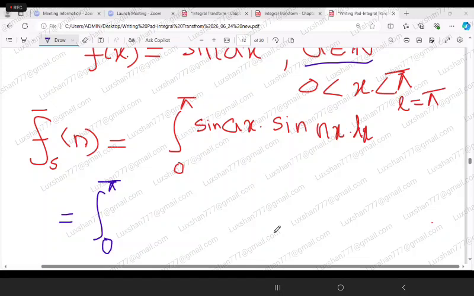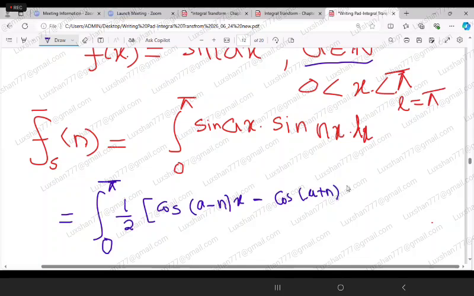Yeah, 2 sine a into sine b form. So using the trigonometric identity, how can we write this one? You can write this as half times, since both are sine, we have cos. So I can write this as cos (a minus n)x minus cos (a plus n)x.